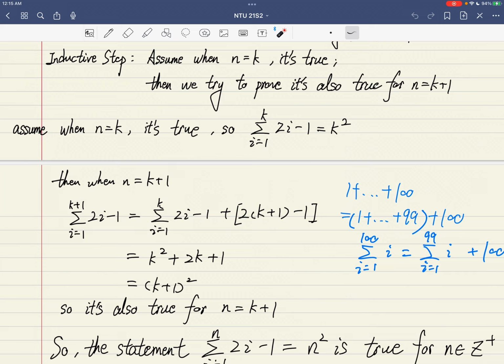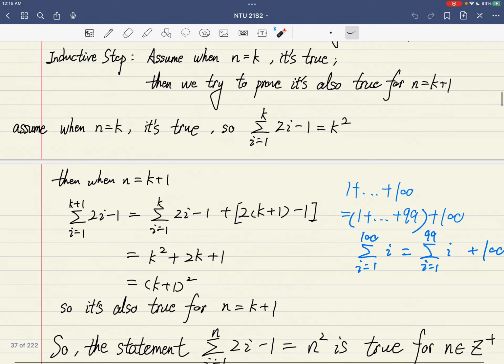Then when n is equal to k plus 1 is true, obviously when n is equal to k plus 2, it's also true, and so on and so forth. So if we can prove this part, we can show that it is true for all n.